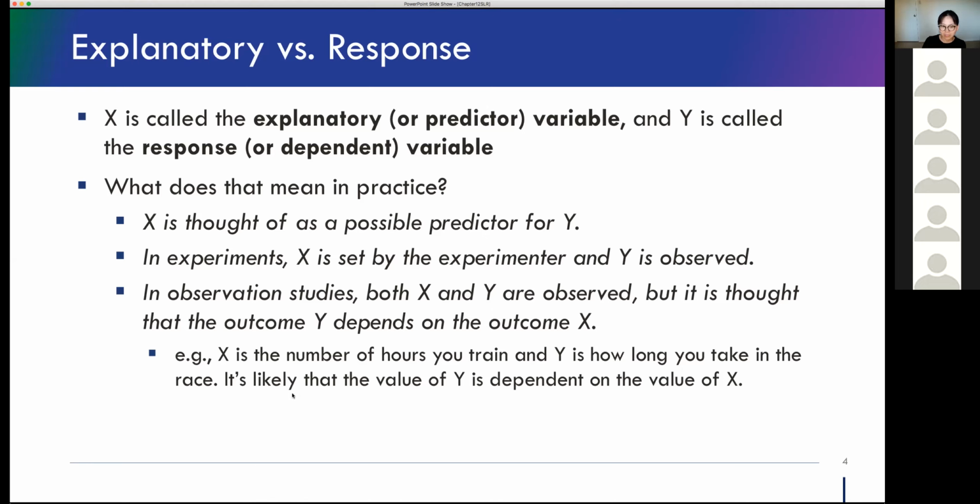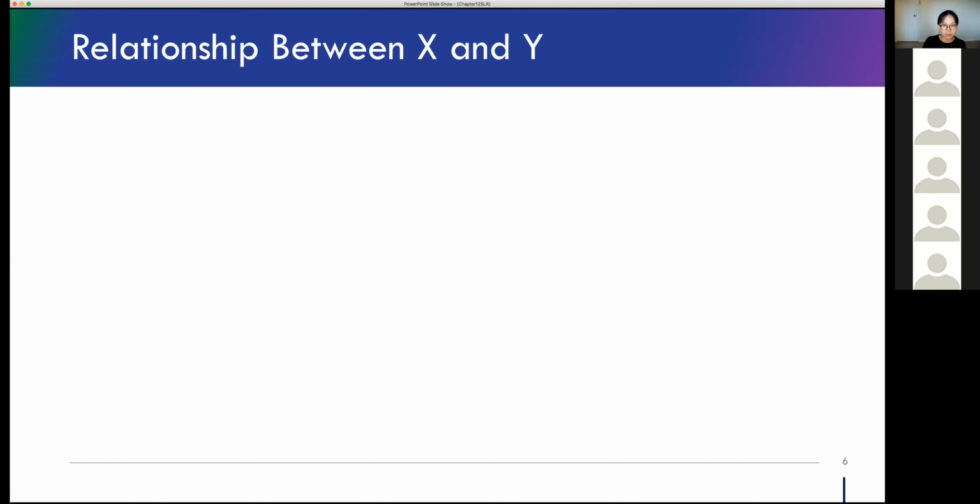In this case, it's highly likely that the value of Y, the time you spend in the race, would depend on how long you practice, how many hours you have trained. So this is the relationship of Y and X, and we will see.